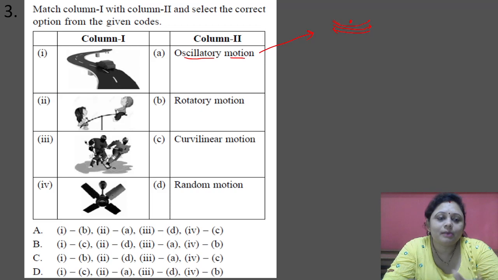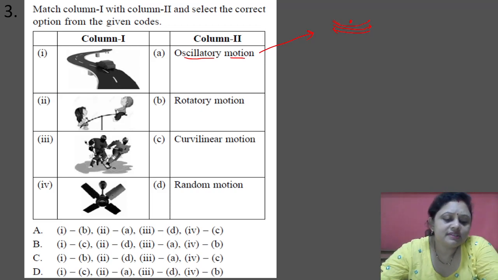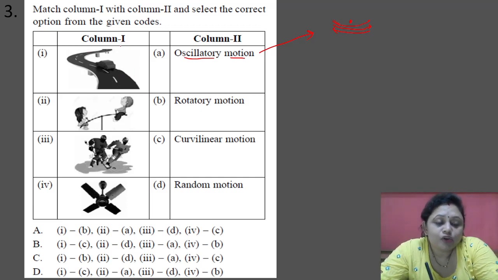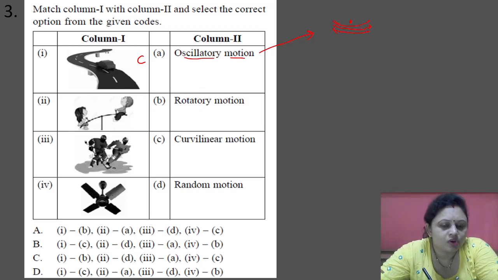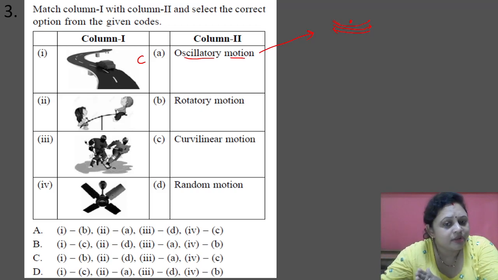Now we have to match them. In the first image, the car is going on the road. What will that motion be? Yes, it is a curvilinear motion, the movement of an object around a curved path.